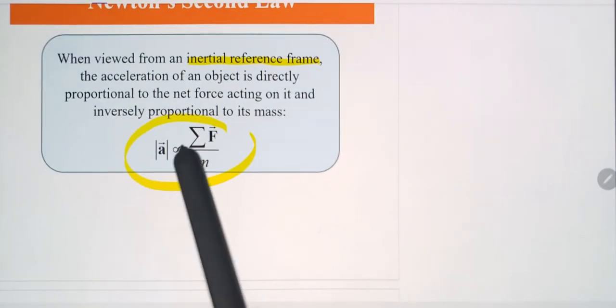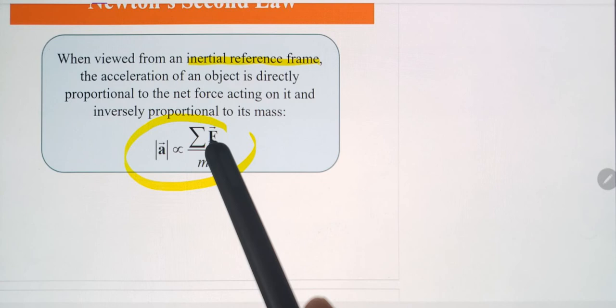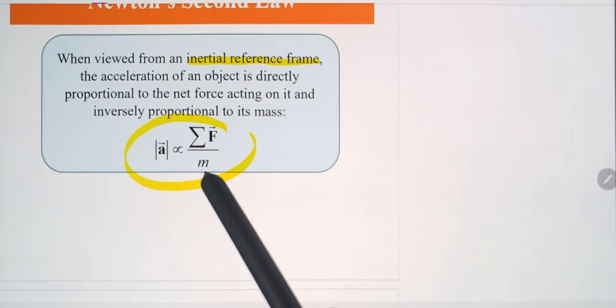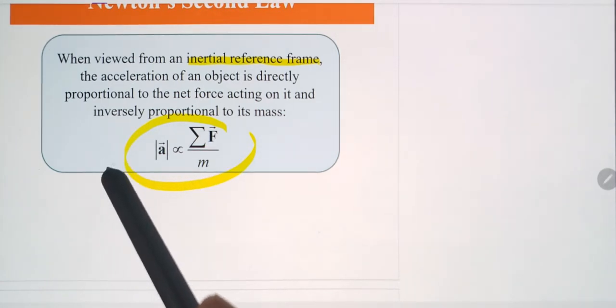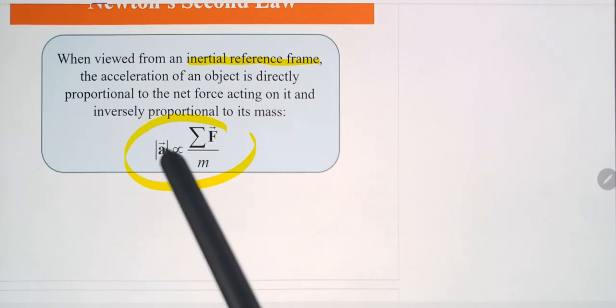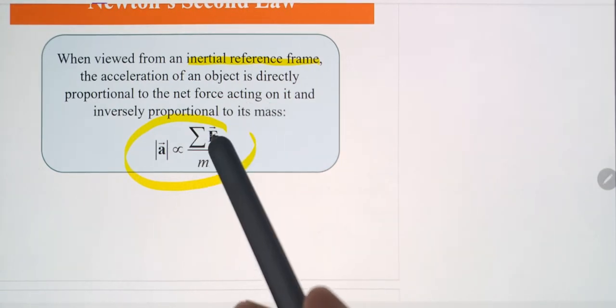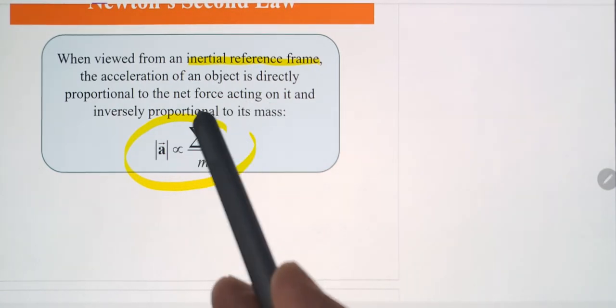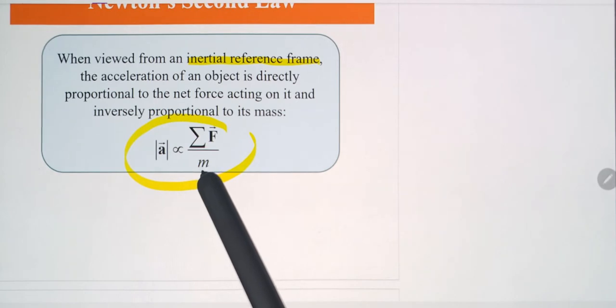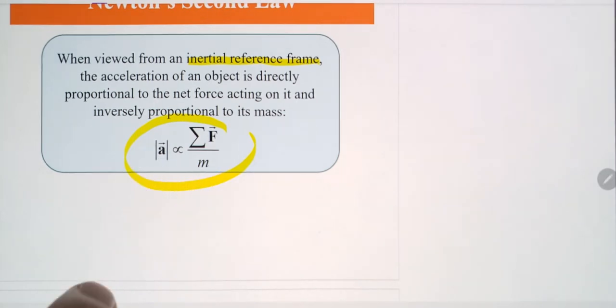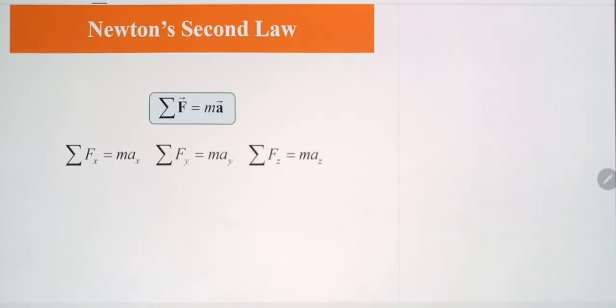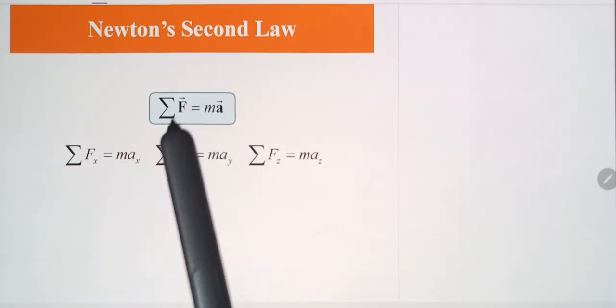Or as he wrote it, more meaningfully: if you apply a net force on a mass, you will create acceleration. This is more meaningful than F equals ma. If you apply a net force on a mass, you will cause the mass to accelerate, and we write it like this.